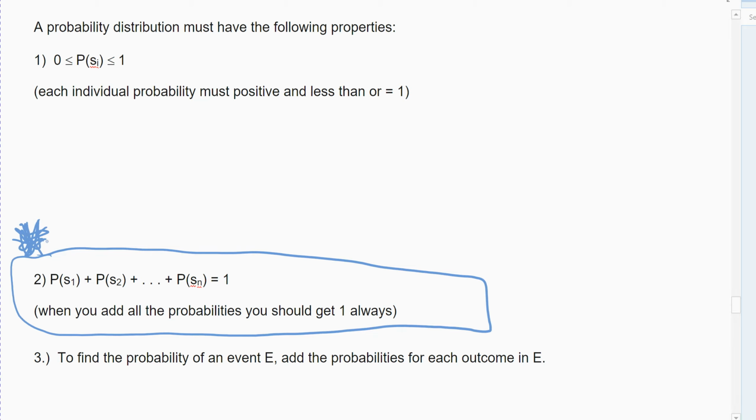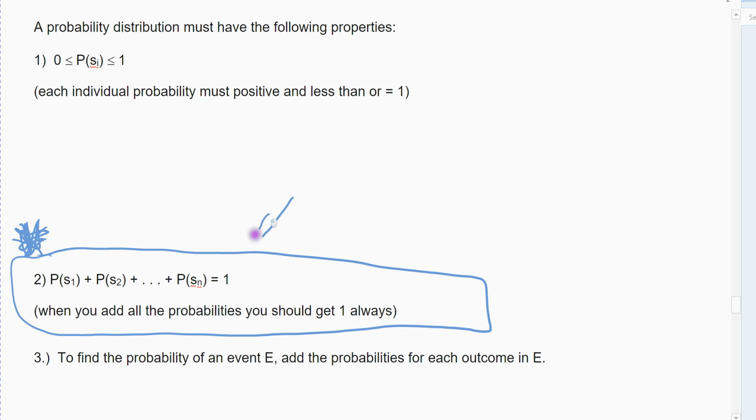And so it's 100% of the outcomes. And when I add them up, all of my probabilities in my sample space should add up to exactly 1. No more, no less, right? Those are 100% of the outcomes, 100% of the cases, and so the probability is 1. One of those outcomes will happen when I do the experiment, all right? And so I've listed all the possibilities, and so all the possibilities should add up to 1.